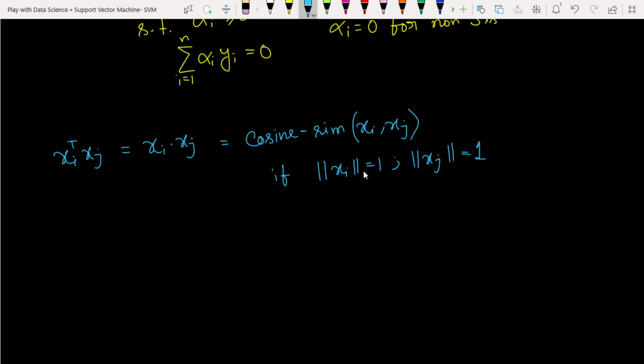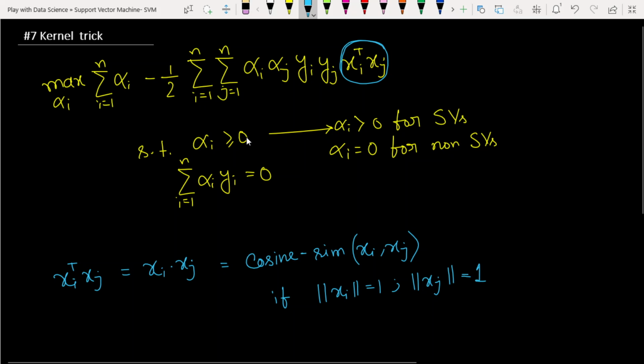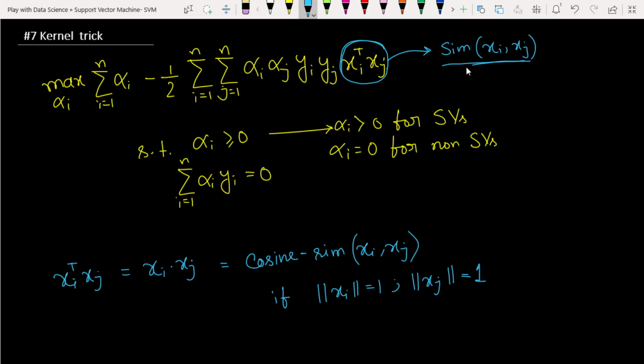So this portion of the problem is a similarity between x_i and x_j, and in other language we call this similarity a kernel.